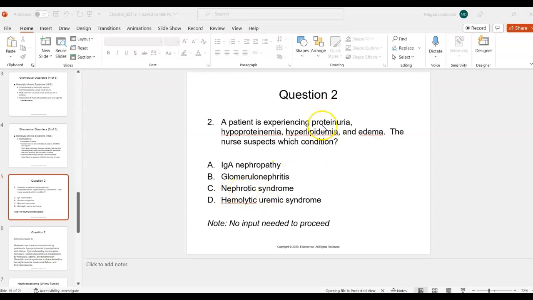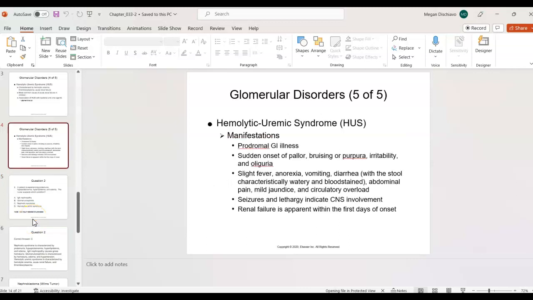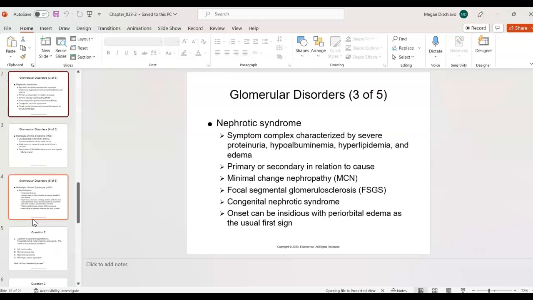You do have hyperlipidemia as well. So with this one, as you read through, of course, read carefully, read every word, etc. But there seems to be, from the classes I've taught, a lot of review of nephrotic versus nephritic or glomerulonephritis, excuse me. So with nephritis, so nephrotic, your O's and hyperlipidemia.